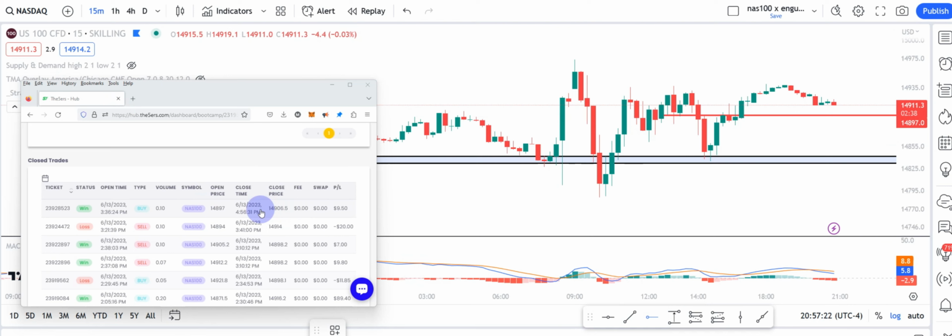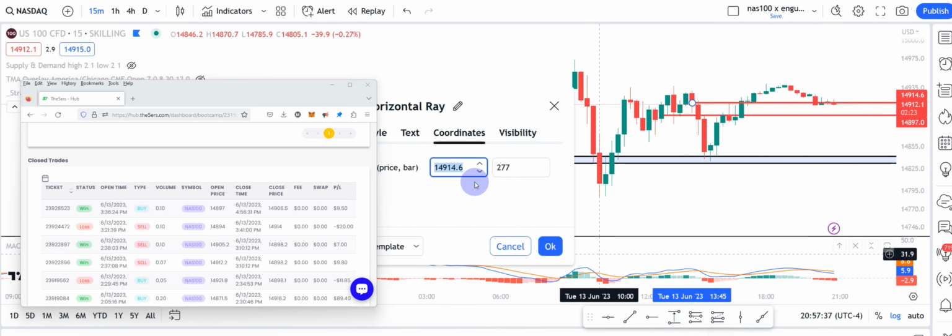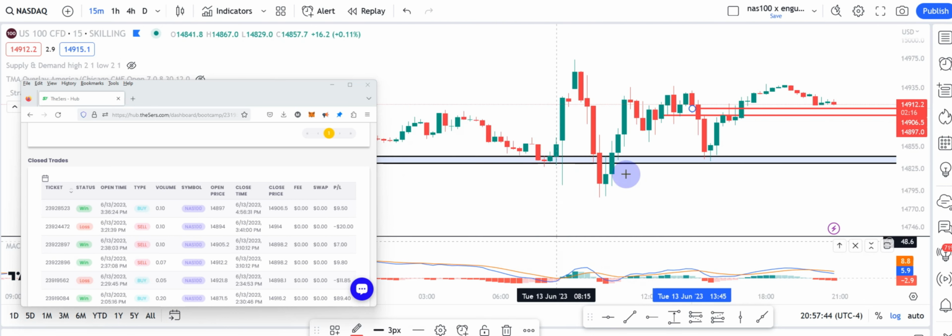And I closed it manually in profits, I guess, on the 1:45 candle. 14,906.5. So I entered here to the buy side, closed it here when it started to reverse on me.